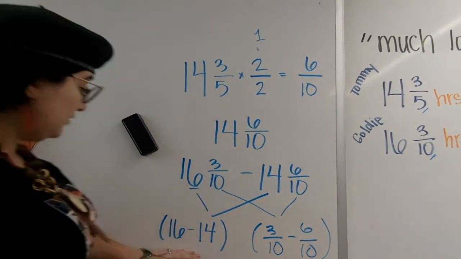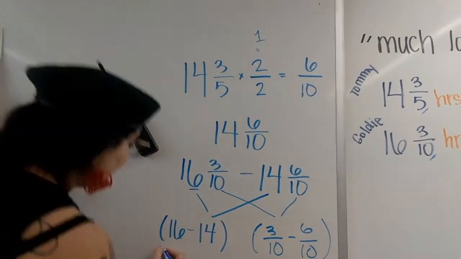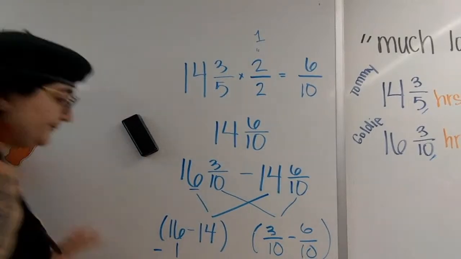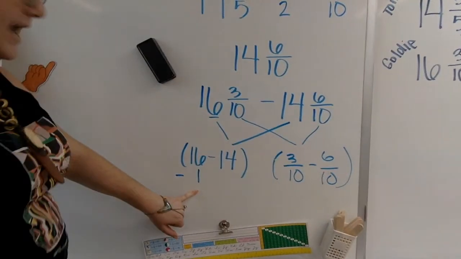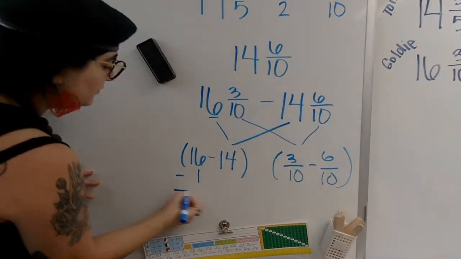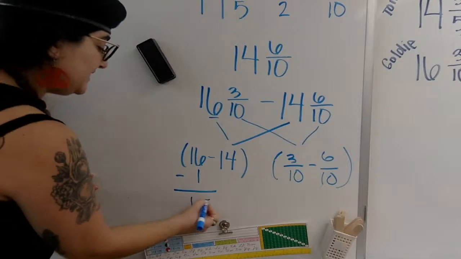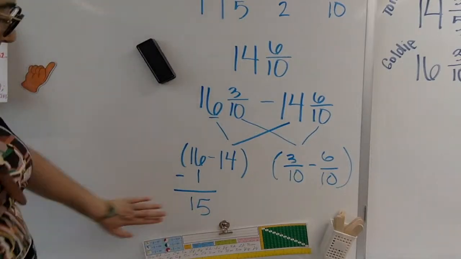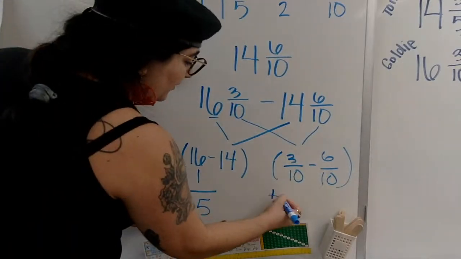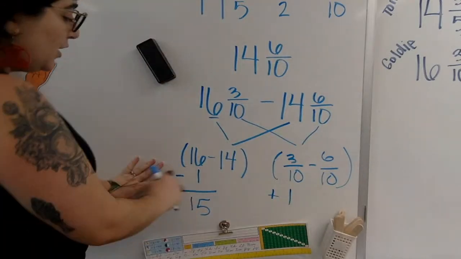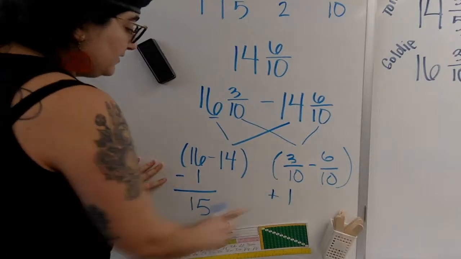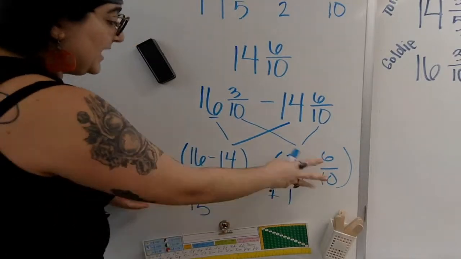There, I can subtract 1 whole from 16. And that 1 whole, we're going to have 15 here. We can still do that. And I want to add this 1 whole over here, because we know that because of our reciprocity, whatever we can take away here, we can add over here.